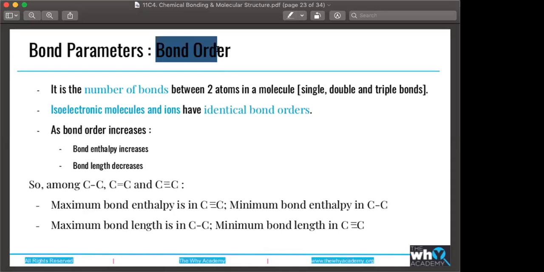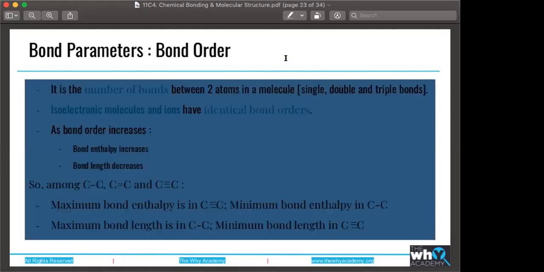Next comes bond order. Bond order is basically single bond, double bond, triple bond. It's the number of bonds between two atoms. Isoelectronic molecules and ions have identical bond orders.